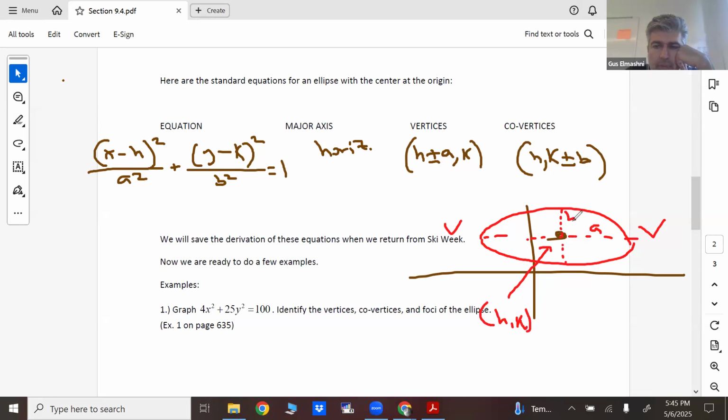And then B would be the length that makes up the vertical axis. It is the distance from the center to the top or bottom.